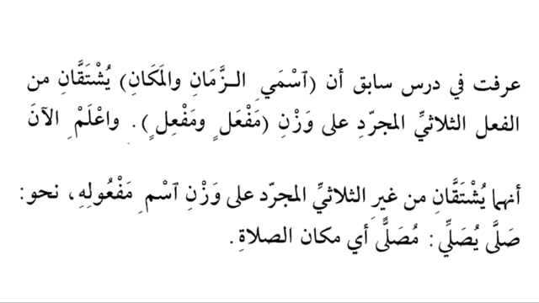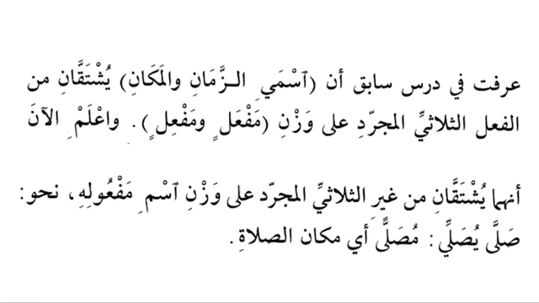Wa'lam al-an annahuma, know now that these two, ism zaman and ism makan, yushtaqani, are derived min ghayri thulathi mujarrad, from other than fi'l thulathi mujarrad, ala wazni ism maf'ulihi. So whatever the ism maf'ul we just did, with fatha upon the ayn kalima, the same pattern will be your ism zaman and ism makan.